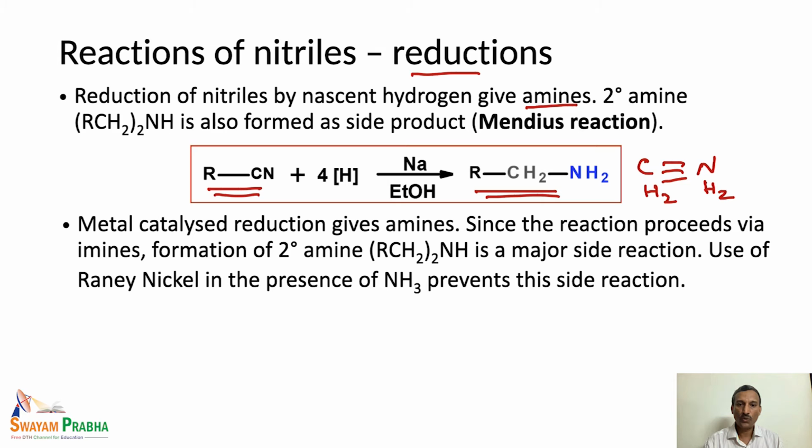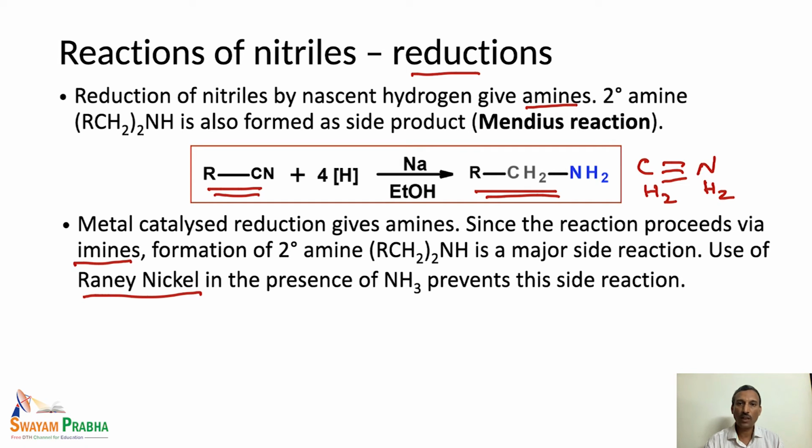Basically, when we use a metal catalyst, that reduction is much more efficient, and the reaction actually proceeds via imine formation, and the secondary amine is a major side product in this particular case. So we have to use a different catalyst rather than a normal metal catalyst like sodium and ethanol. We can also use Raney nickel.